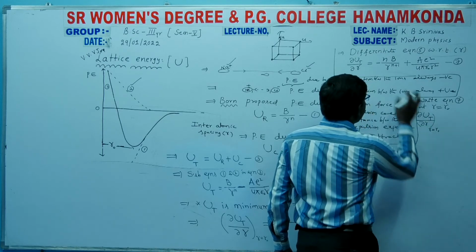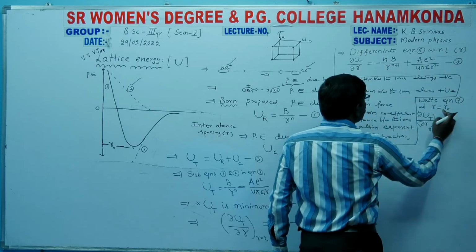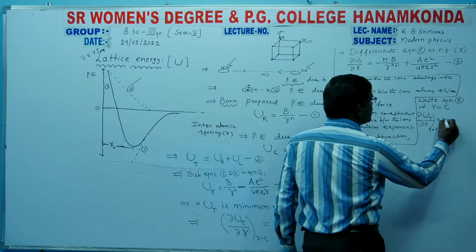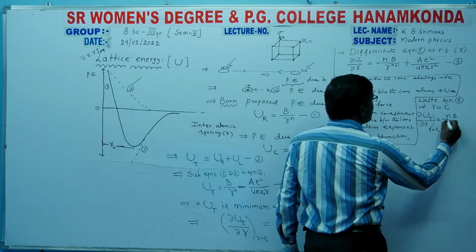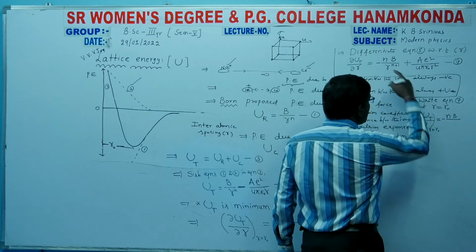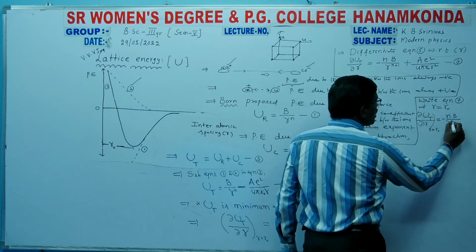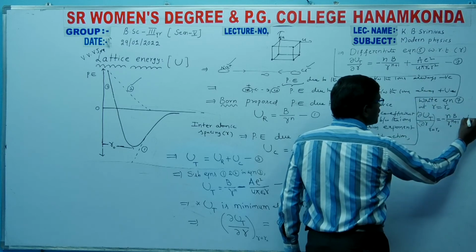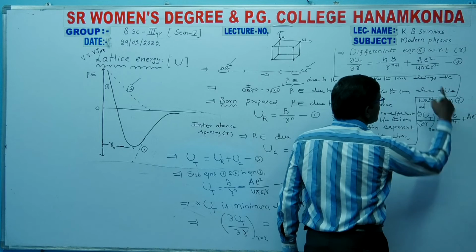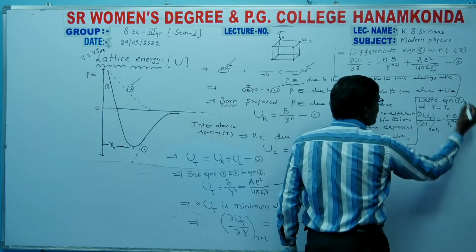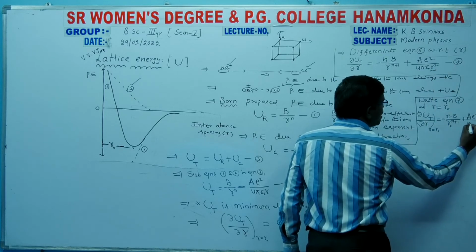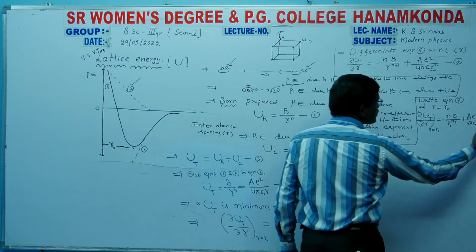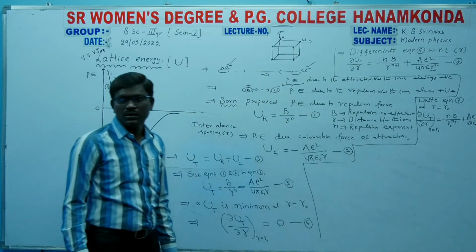Simply I am writing this whole equation at r is equal to r naught: minus n into b whole to the power of, instead of r here I am substituting r naught, r naught to the power of n plus 1, plus a e square by 4 pi epsilon naught r naught square.